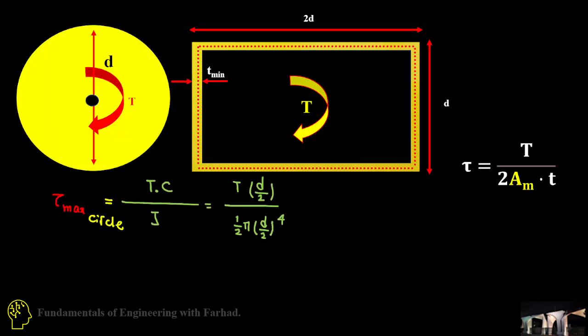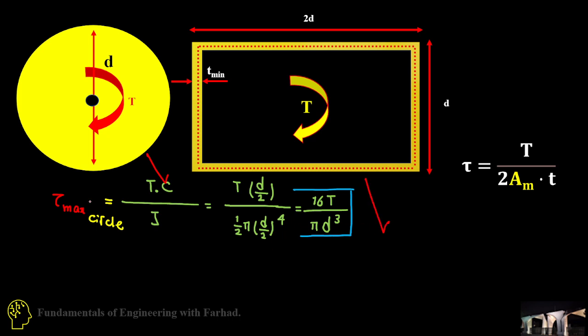So if that's the case, tau maximum for a solid circular shaft has the formula Tc over J. c is R, which is D over 2, diameter over 2, and J is a half of pi times R to the 4 or D over 2 to the fourth.